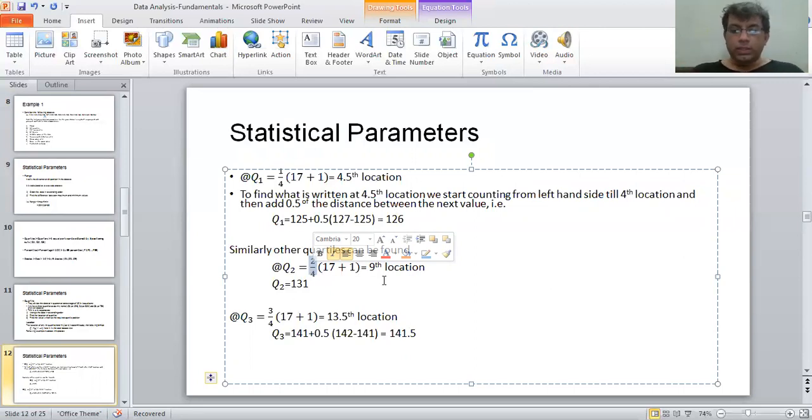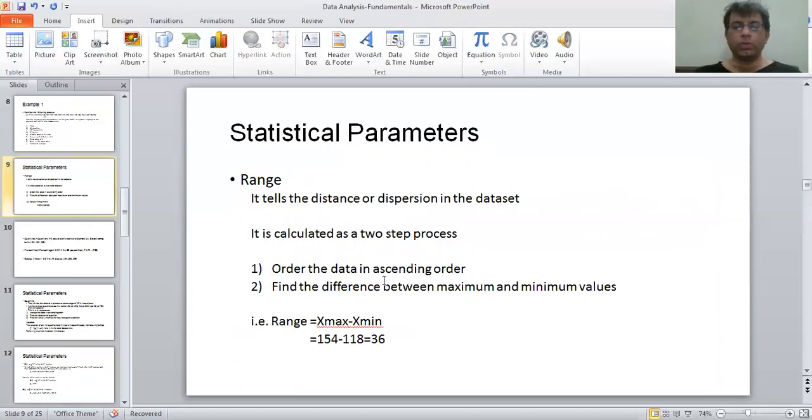Since it is just the location, we write it as ninth location. This means that whatever is written on the ninth location in our data set is the quartile 2 value. Remember that the quartile 2 value divides the data in two equal parts, so it is basically the 50th point in the data set.